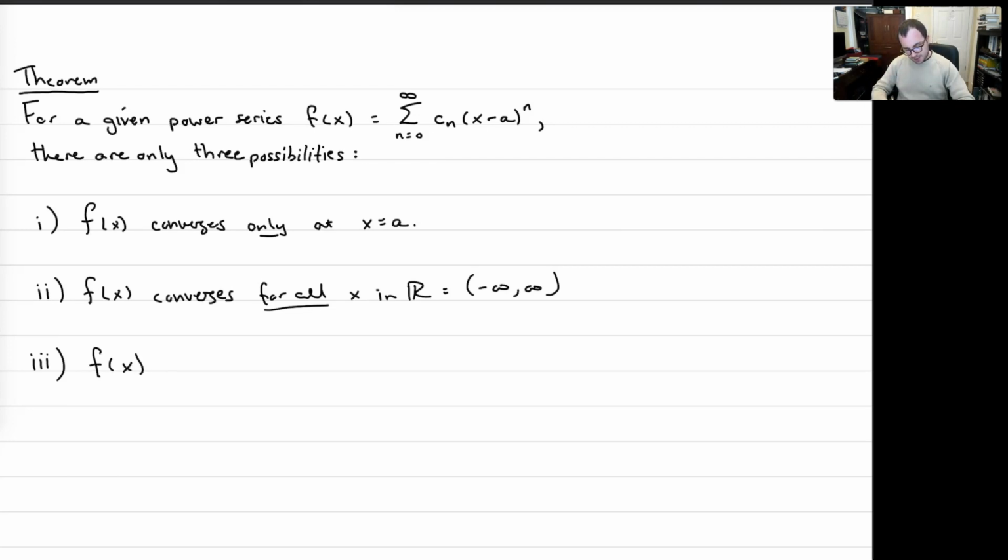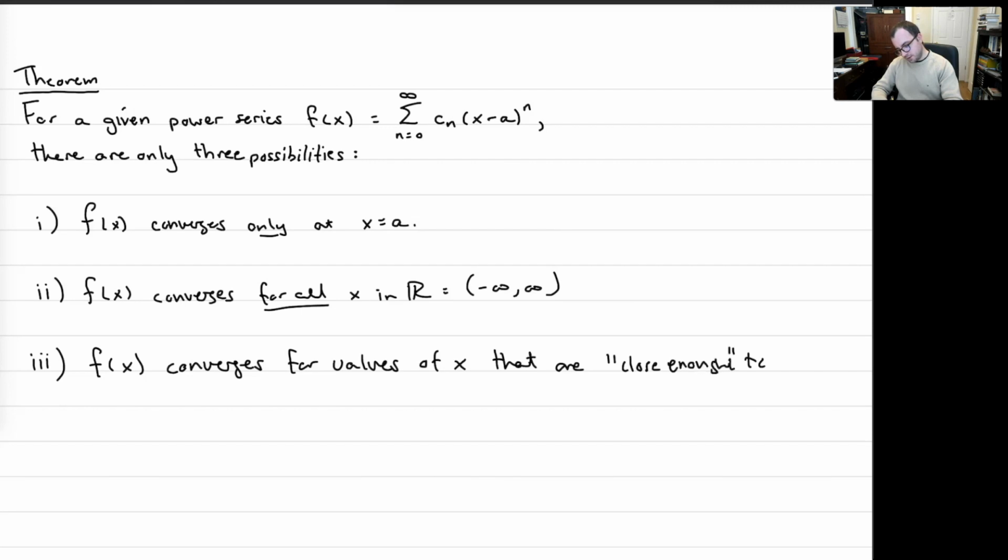And we say that f(x) converges for values of x that are close enough to a. And what this means is that there's some cutoff for how far away you can be and still remain convergent.